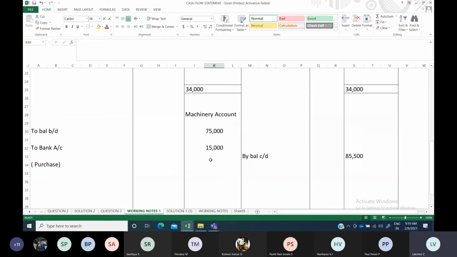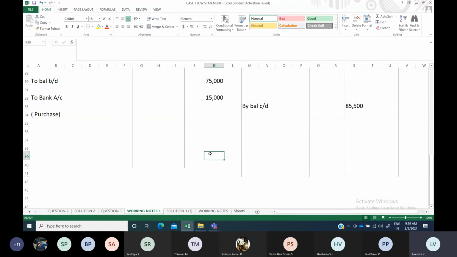So 75 plus 15, if you take, is 90,000, and we are getting on this side only 85,500. So this amount is higher. So 90,000 has to be entered on both the sides of your account. Okay. So this amount has to be given within a box.